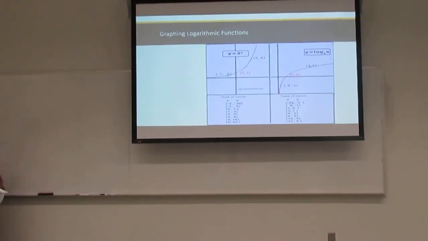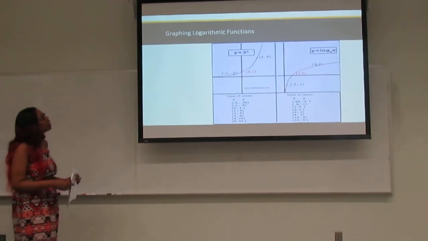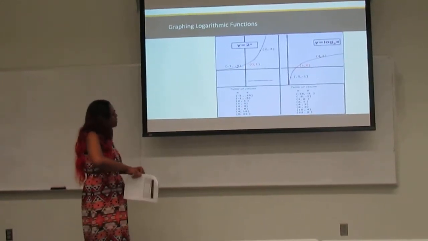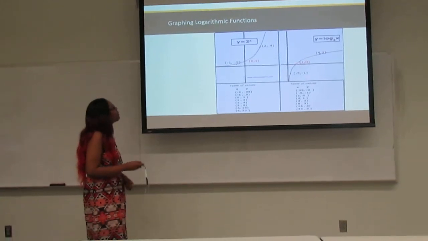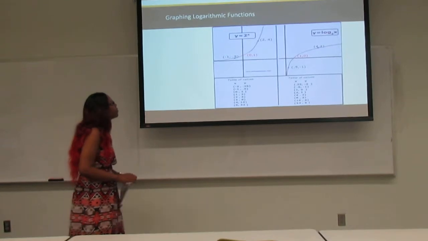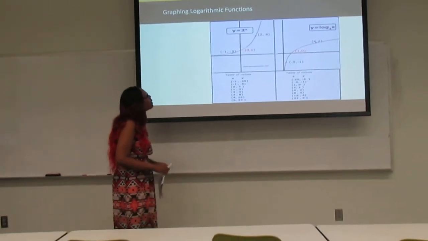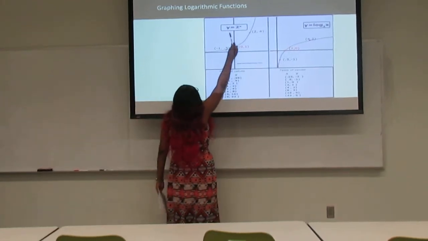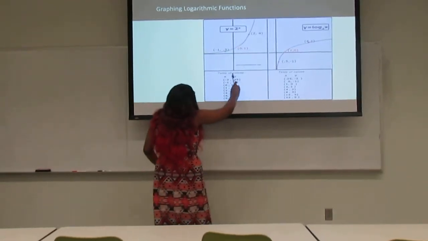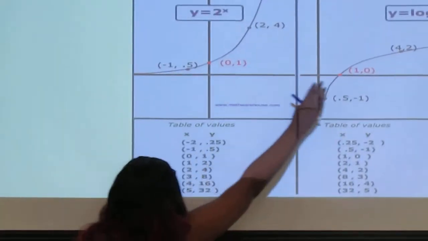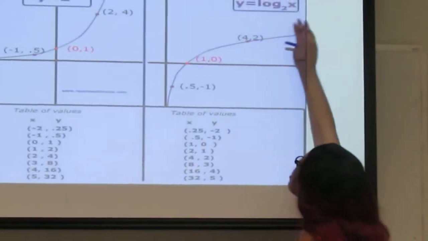Graphing logarithms. The basic thing about graphing logarithmic functions is, again, go back to exponents. It would be the opposite of the exponential form. See here, we have y equals 2 to the x. You will flip or reverse it so that it will be log base 2 of x.